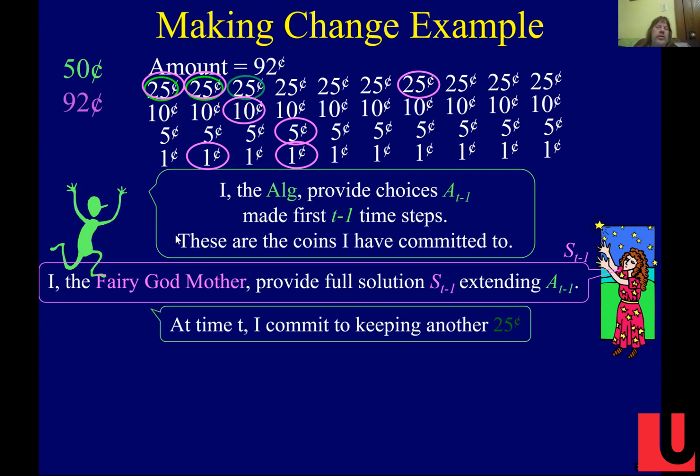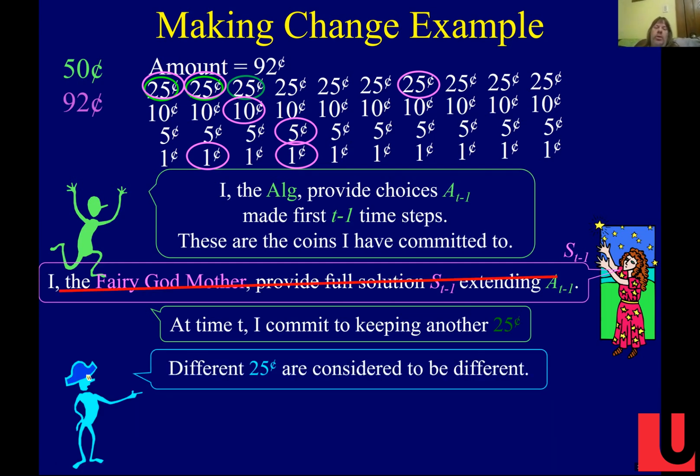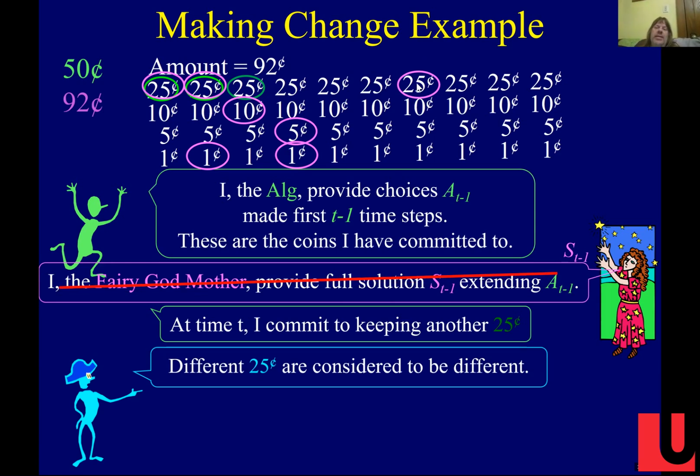And then the algorithm at time t commits to another quarter, say this quarter right here, the slightly different green quarter. We're going to say that this solution is not consistent.